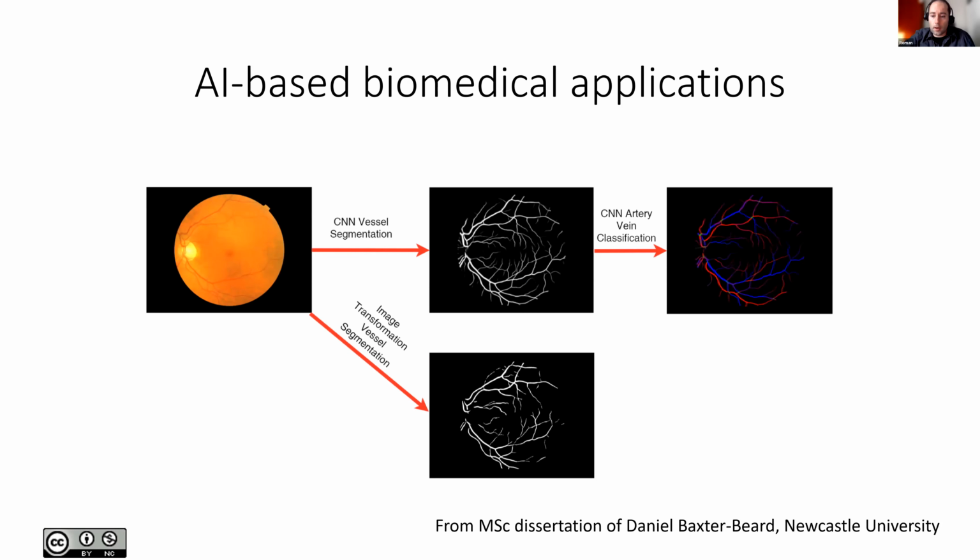And this is exactly what we did a few years ago. A master student of mine has very nicely implemented some computational tools like convolutional neural networks in order to segment the blood vessels, and then he also used such methods to classify those vessels into arteries and veins, and there are different ways of how one can do this, of course.